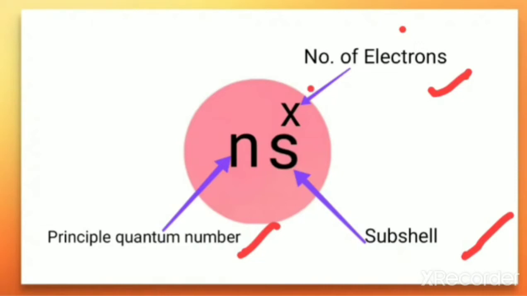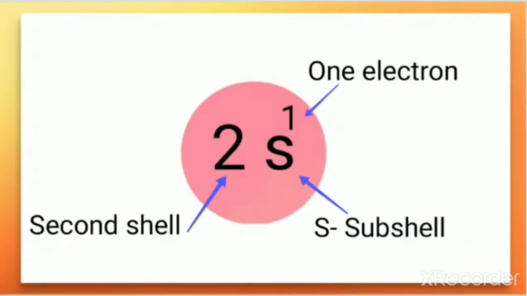Let us take one particular case. If the notation is given as 2s1, it indicates that there is one electron in the s subshell of the second principal shell.